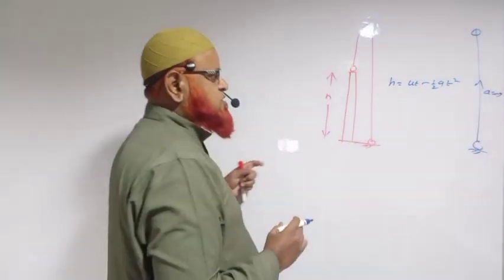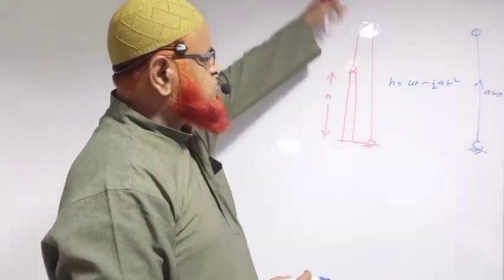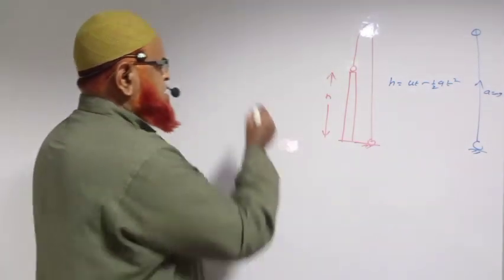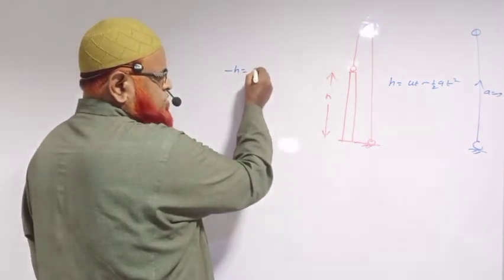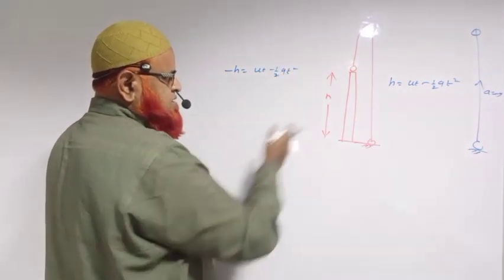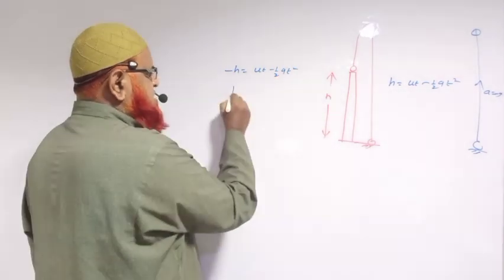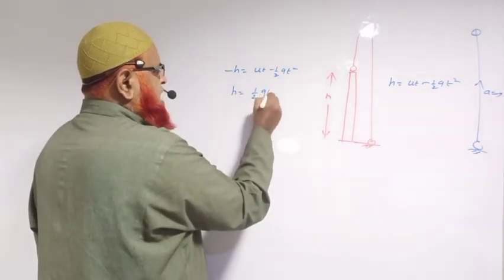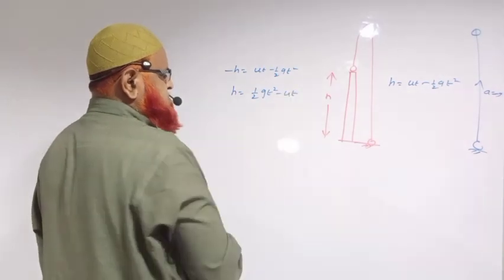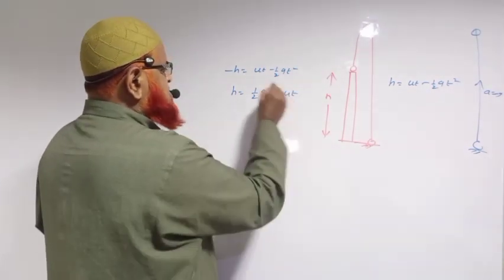But here in this case, you are throwing a body from a certain height. That means this height should be removed from the scene here. So right now, minus h is equal to ut minus half gt square. Then if you send the minus to that side, it is going to be h is equal to half gt square minus ut. This is the formula we have to use when a body is thrown from a certain height.